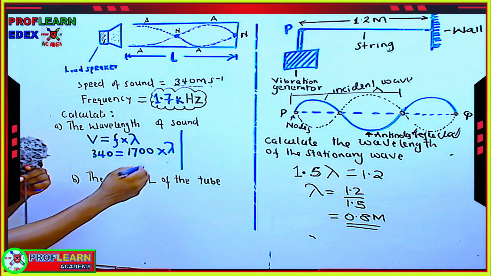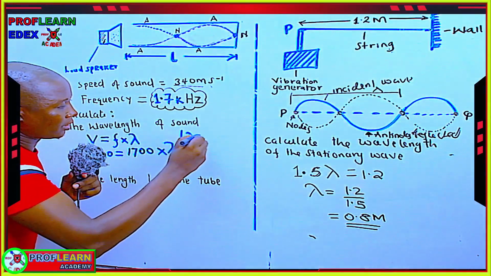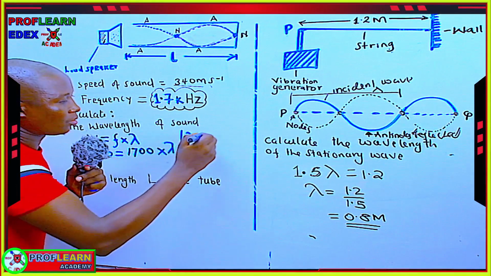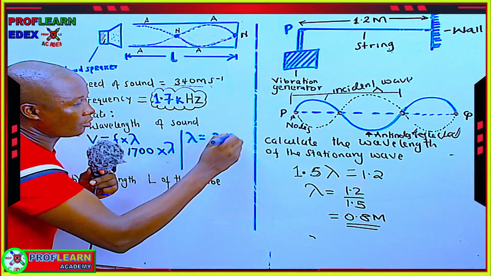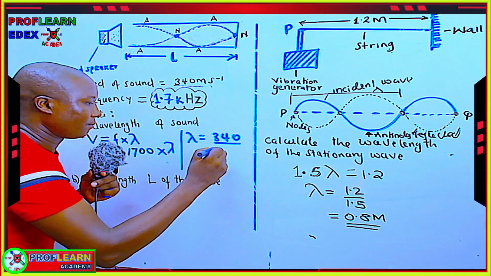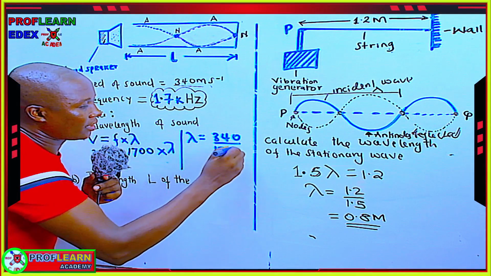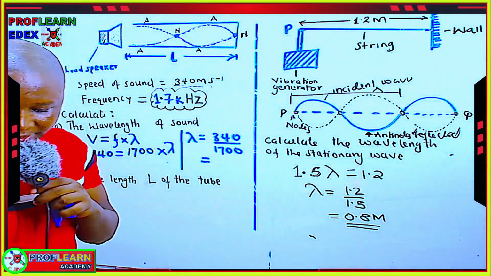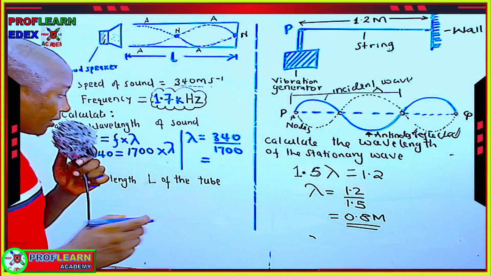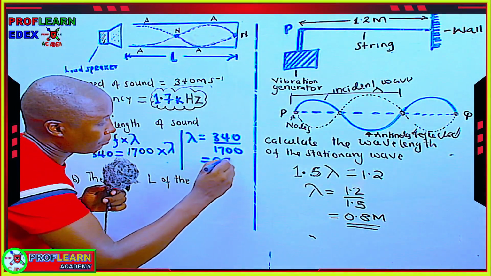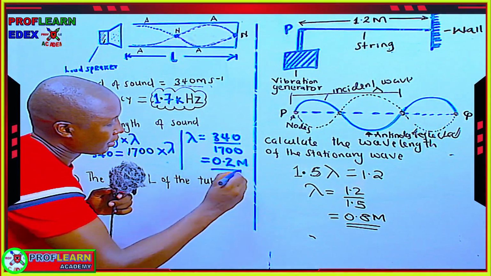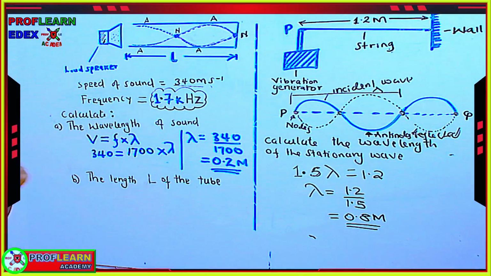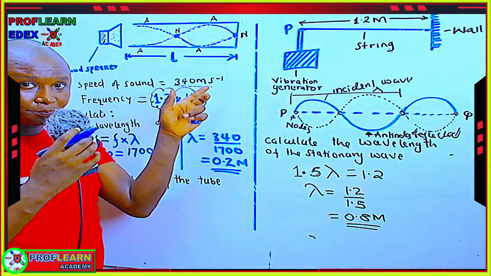So the wavelength is 340 divided by 1700. If we put this in our calculator, we get 0.2 meters as the wavelength of this sound wave.